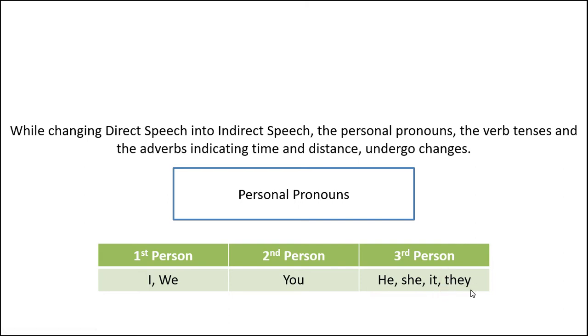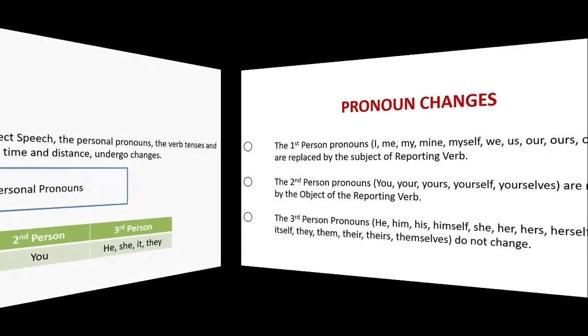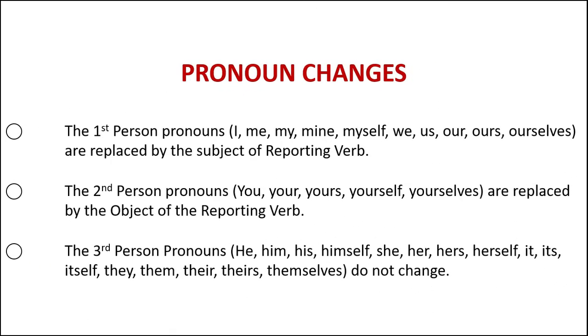Now let us see how these pronouns change when we change from direct speech to indirect speech. The first person pronouns I, me, my, mine, myself, we, us, our, ours, ourselves are replaced by the subject of the reporting verb. Now we'll see an illustration in the next slide.